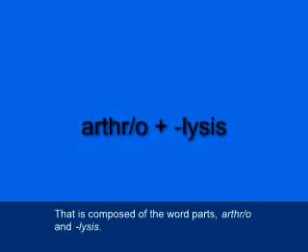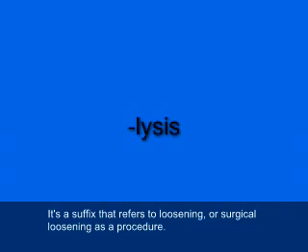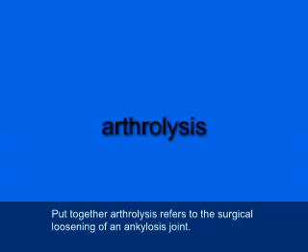Now, arthro, we know that refers to the joint, right? Good. And lysis is a new one. It's a suffix that refers to loosening or surgical loosening as a procedure. Put together, arthrolysis refers to the surgical loosening of an ankylosed joint.